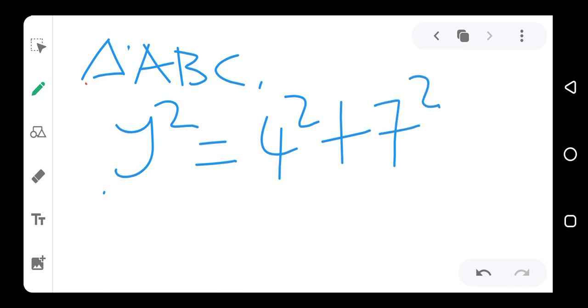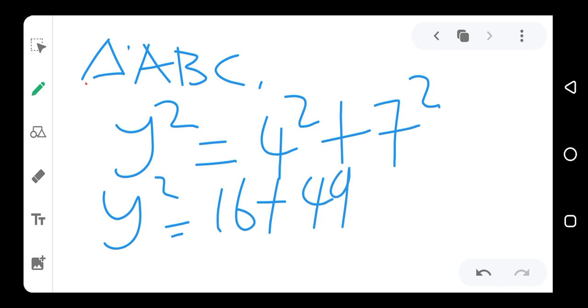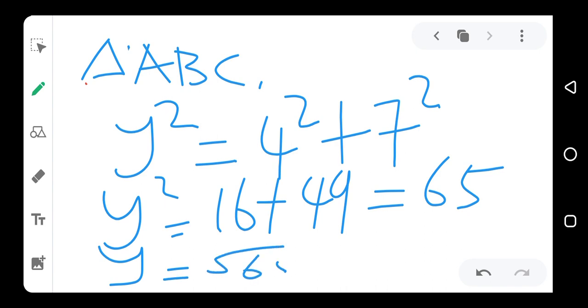Now that means that y squared is equal to 4 squared, which is 16, plus 7 squared, which is 49. So y squared is equal to 16 plus 49, which is 65. So y is equal to root 65.